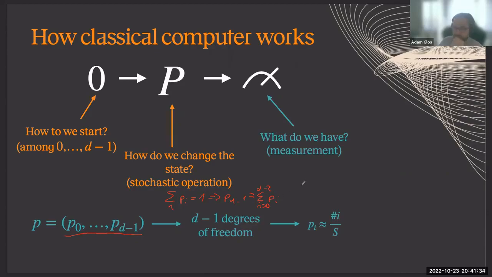How could we find them out? We can, for example, give many zeros to this machine, say a capital S number of them, and check how frequently each of these outcomes is appearing. With high probability, if we divide the number of how many times the value i appears over the total number of shots, it will approximate the probability of getting the outcome i in general.